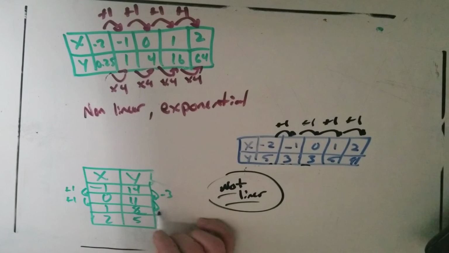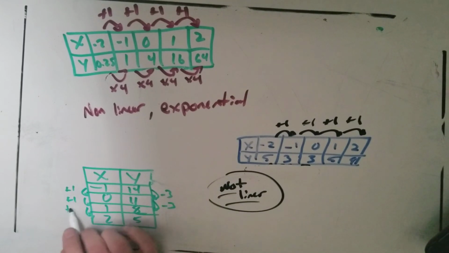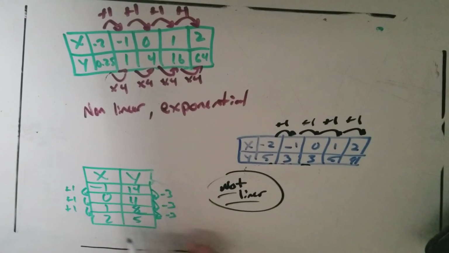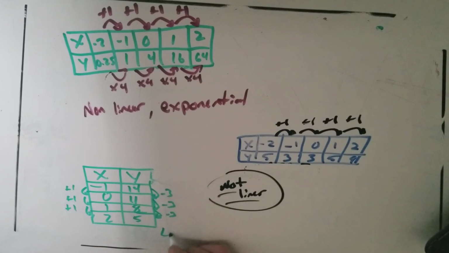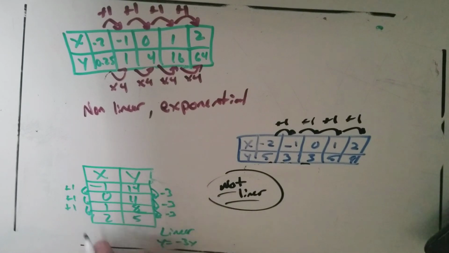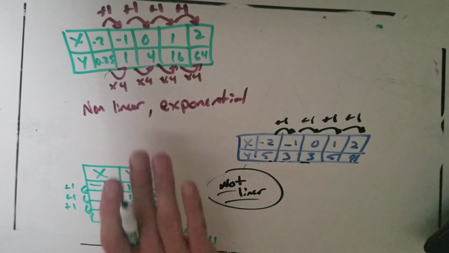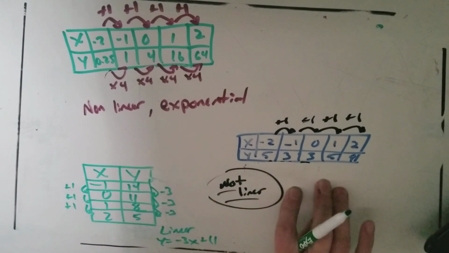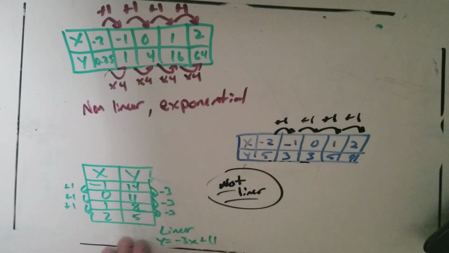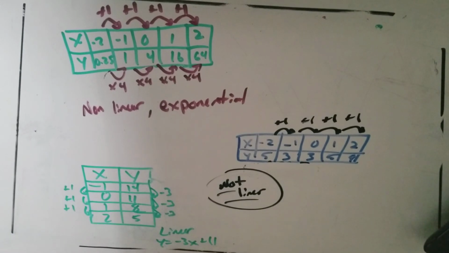Up 1, -3. Up 1, -3. Well, this one clearly, constant rate of change, is linear. And we should be able to say y equals -3x, change in y over change in x, plus 11, that would be a relationship. So the first was exponential, the second was nonlinear but not exponential, and this was a linear relationship.